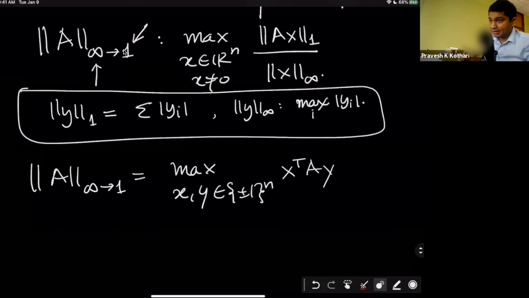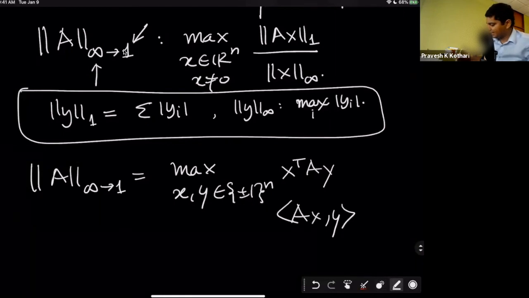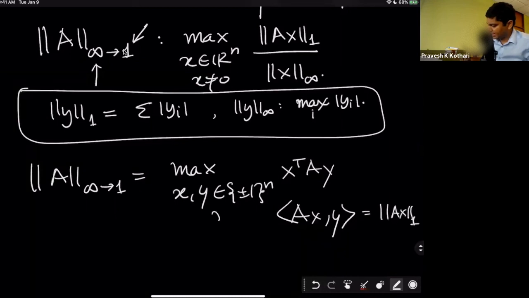Let's write it down as AX inner product Y. Now if I fix X, which means I fix AX, then there is a particular choice of Y that works. Simply choose y_i to be the sign of the coordinates of the vector AX. So given X, you perfectly know what Y will maximize, and the maximizer is simply the 1 norm of AX. So for any fixed X, the maximum of this is really the 1 norm of AX.